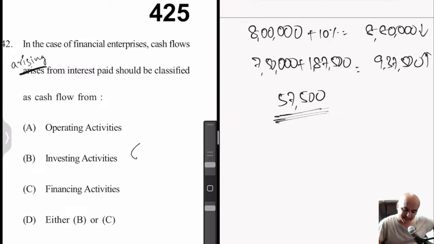So we have already eliminated these two. So the right answer in this case would be operating activity, because if it is a financial organization and they are paying interest, for them it is not a financial activity but an operation activity, because it is paid as part of their day-to-day activities. That's it. Okay, let's move on to the next question.